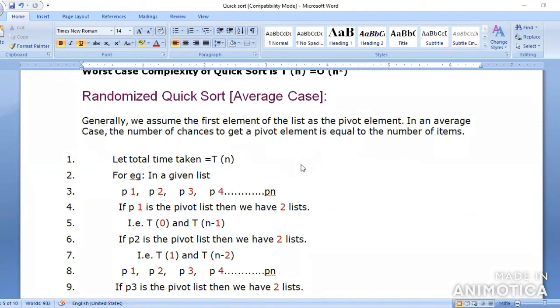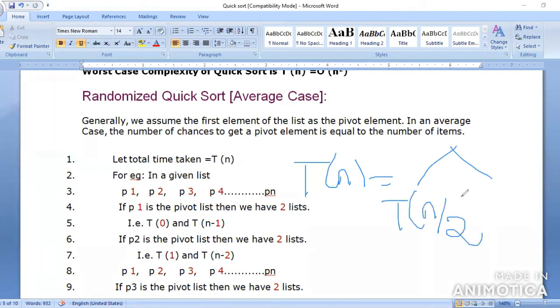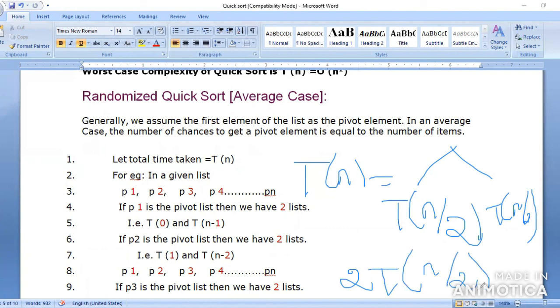So based on the best case complexity, T of n will be equal to n by 2, n by 2. One side is the left side, the other is the right side. We are dividing the problem into two subproblems, T n by 2 and again T n by 2. So totally 2T n by 2 plus function of n.